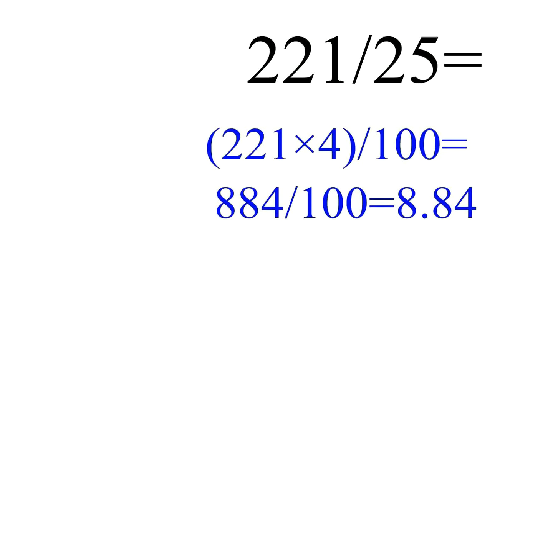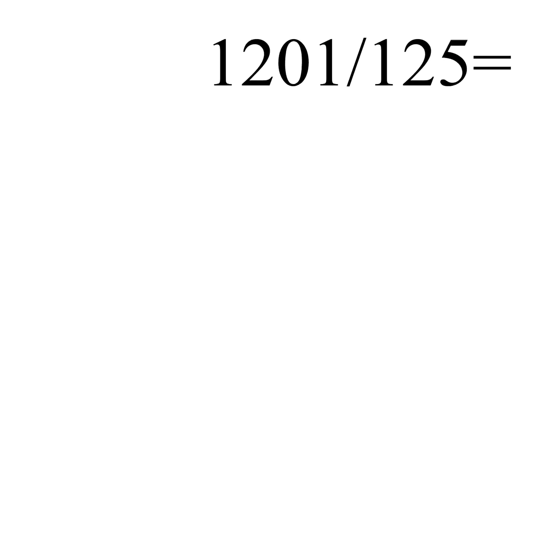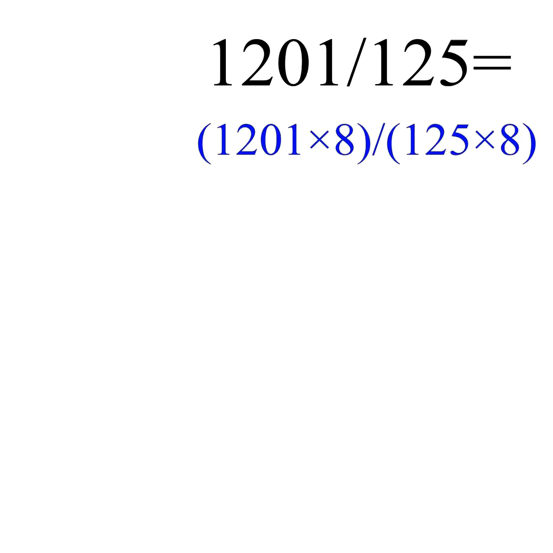Okay, here's another example, and it is dividing by 125. Here we multiply the numerator and the denominator by 8. And 8 times the denominator would be 1000.